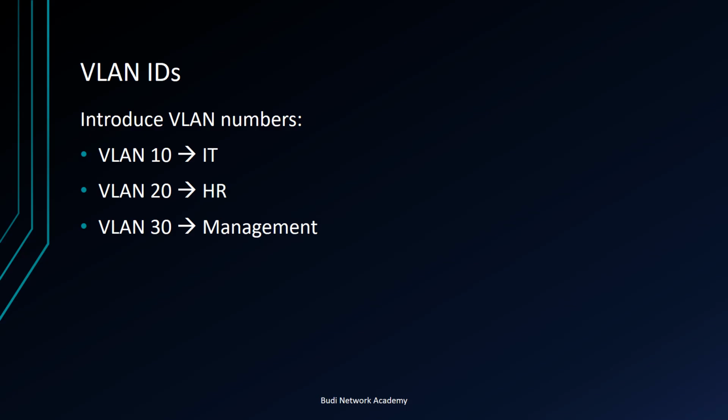These numbers help the network switch determine which VLAN a device or a frame belongs to. In real networks, network engineers can create and assign many different VLANs depending on the organization's requirements.